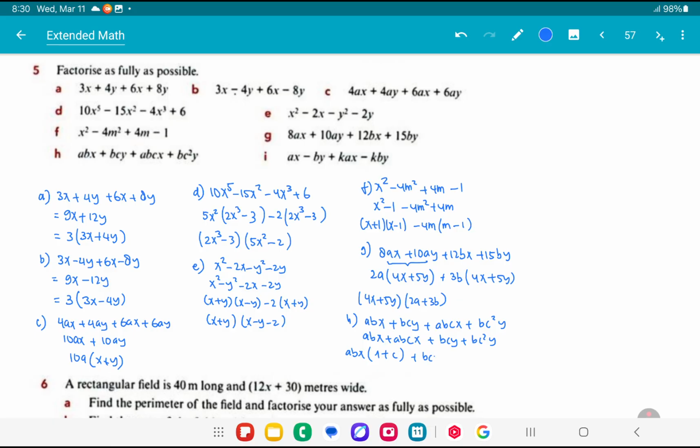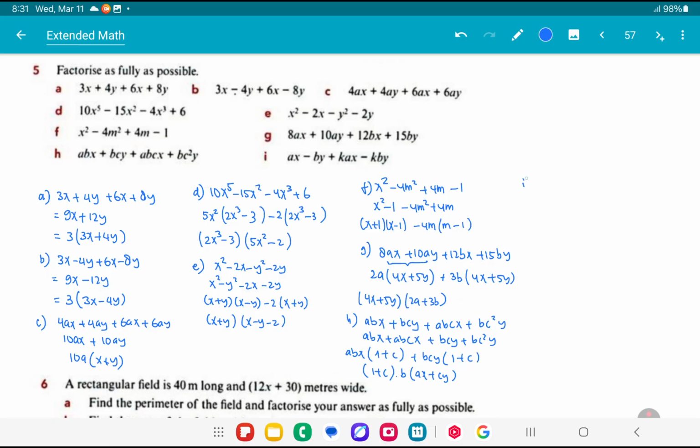We factor out bcy, we get 1 plus c. So 1 plus c is the common factor. And then abx plus bcy, but we can move the b out. So we can write it as b multiplied by ax plus cy.